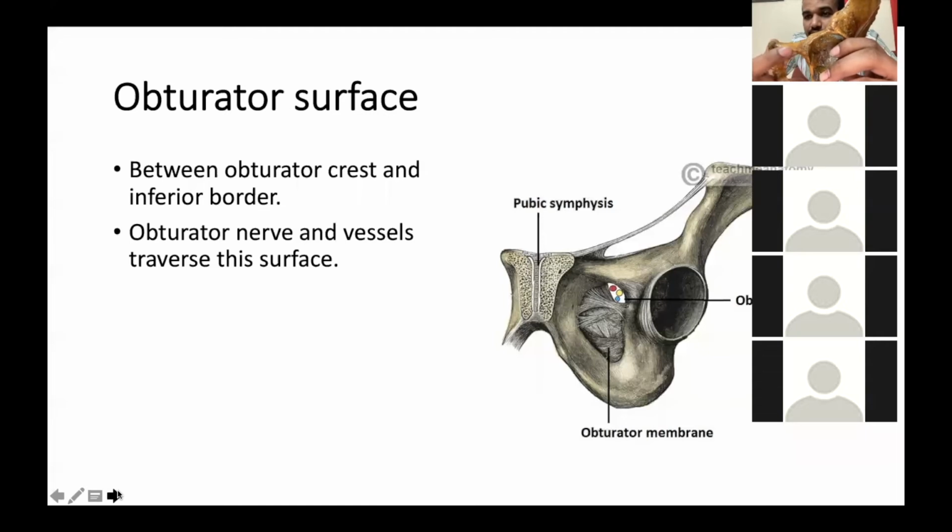Between this obturator crest and inferior border, you see a surface again, and this surface is called the obturator surface. Through this obturator surface, the obturator nerve and vessels will traverse. Is it clear, everybody?